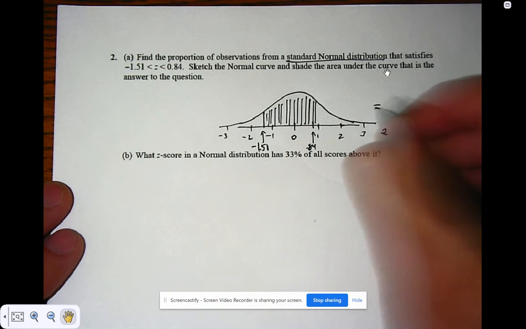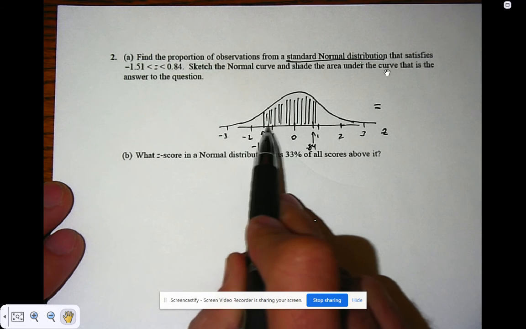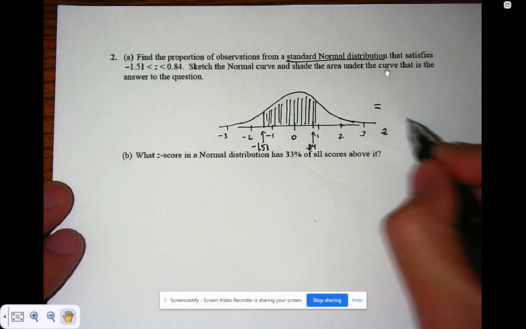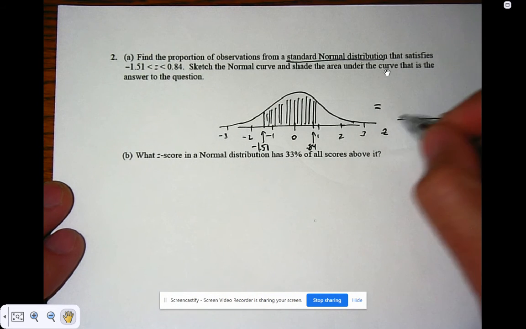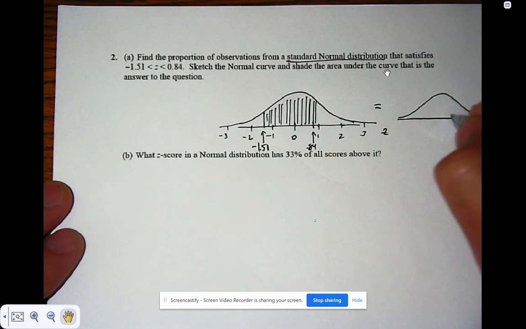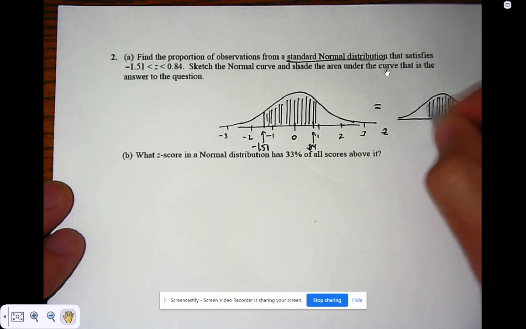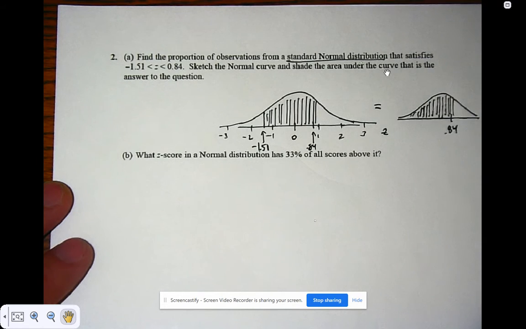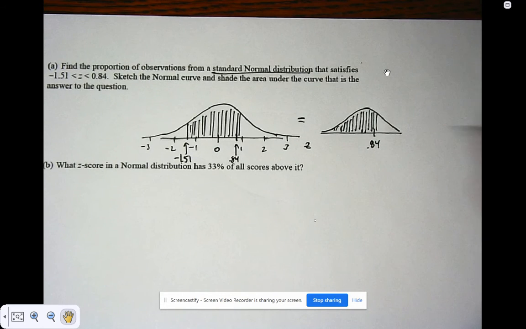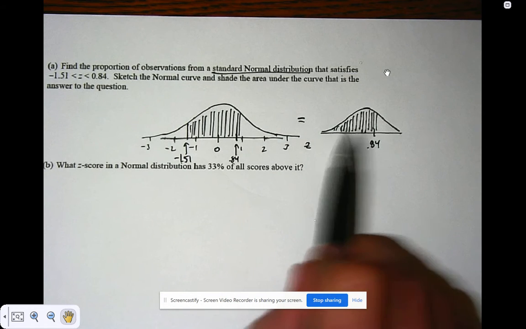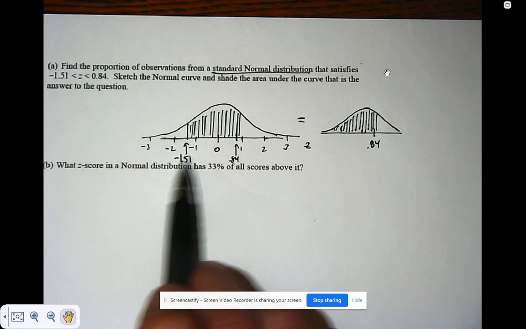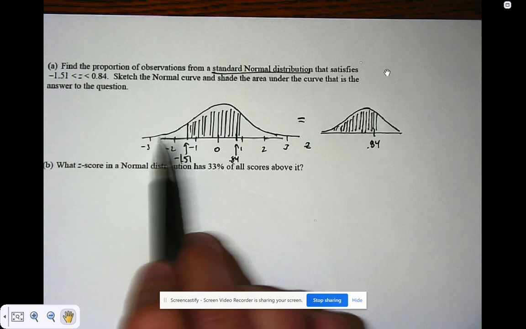And we're going to say, well, look, if I want to find the proportion between, what if I did from table A, if I start at 0.84 and I find this, which is everything to the left, okay? And then that's too much, right? Because I want to stop it at -1.51. So I don't want all of that.